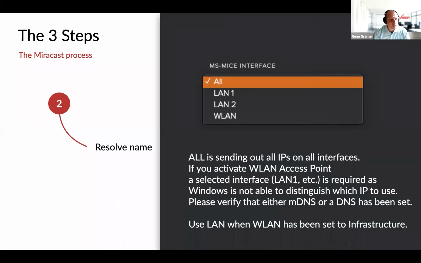If you're switching to all, then you have to make sure that the host name resolving also works for all. That means mDNS on port 5353 has to be open, has to be enabled. It has to be enabled on your wireless LAN controller. Ports have to be available, and entries have to be made.